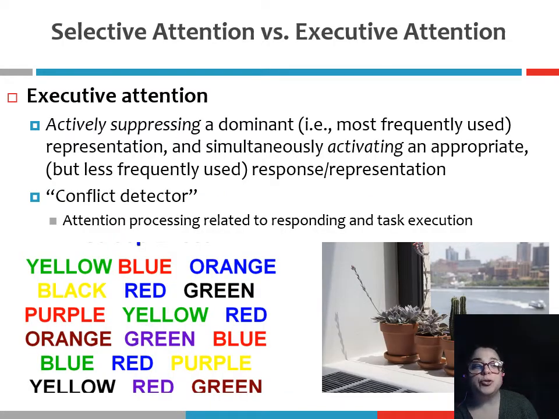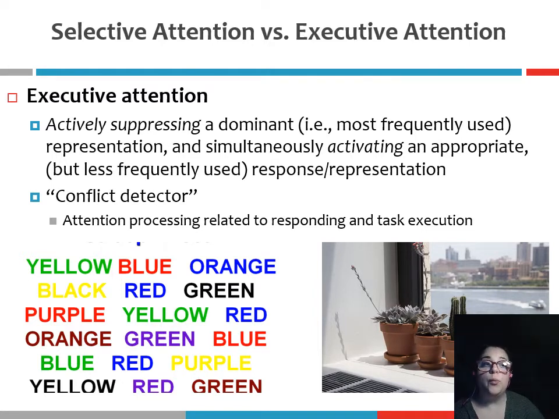Okay, let's contrast that with executive attention. So executive attention always occurs at the level of the response, or it always occurs at the level of some action.